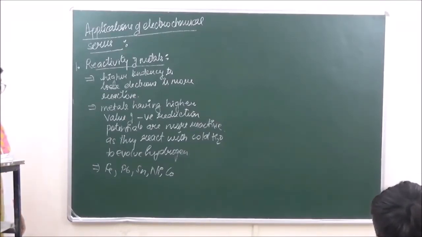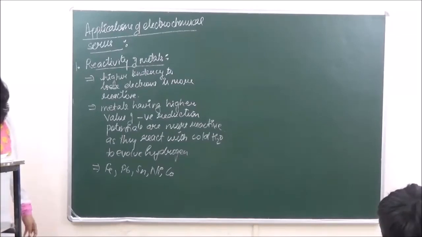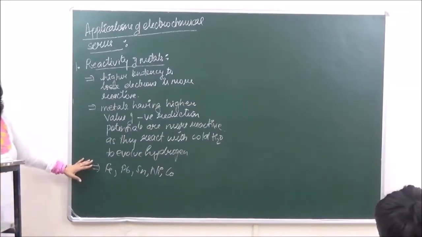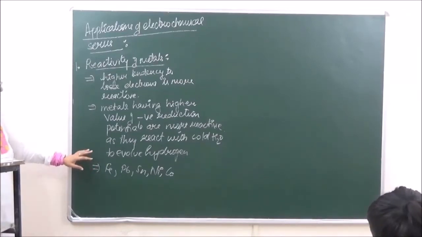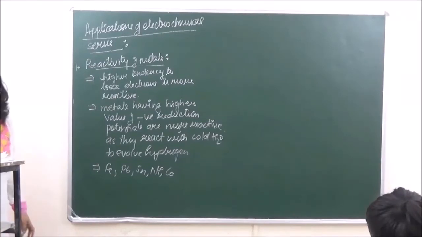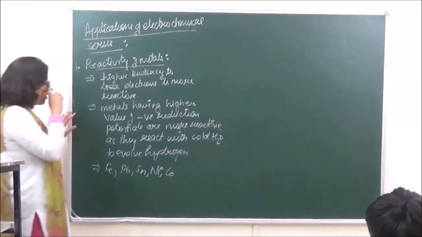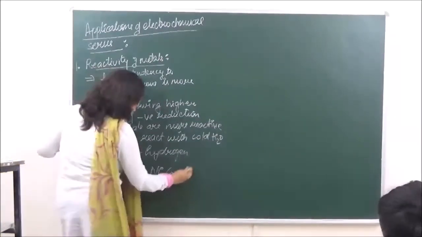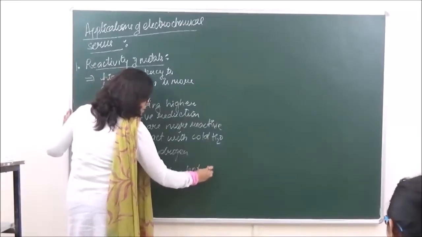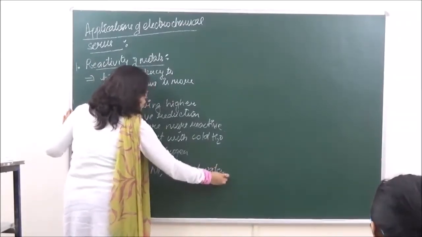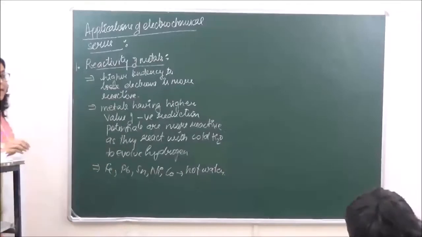In a similar manner, the value of nickel is minus 0.25. So they have less negative reduction potentials, so they are known as less active metals. They do not react with cold water, but they are going to react with hot water due to their less activity.